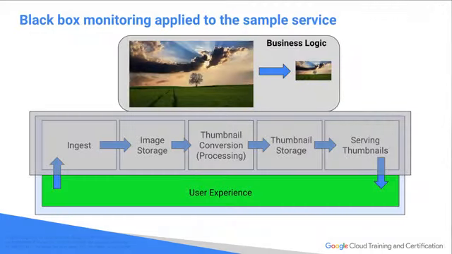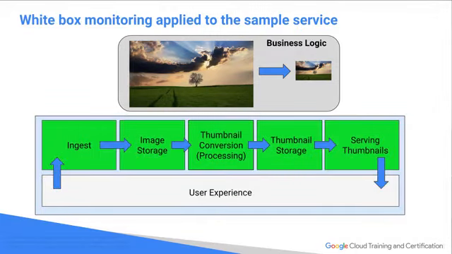When you apply this to your user experience, this is where the black box monitoring takes place. This measures what the user experiences. It doesn't realize that there's a whole chain of business logic and microservices that you've segregated into clusters, that you've distributed storage with private networks, and so on. It doesn't care about any of that. But user experience is what you should care about most. If this is affected, then you will go to your white box monitoring to identify where in your business logic it's breaking down and possibly affecting that user experience.